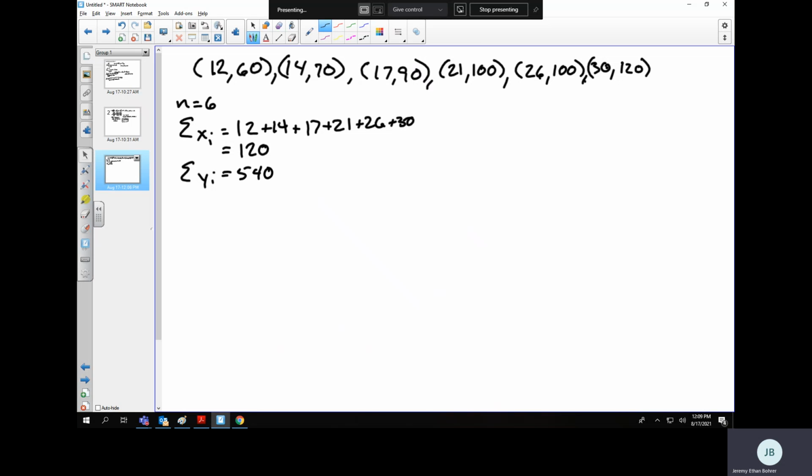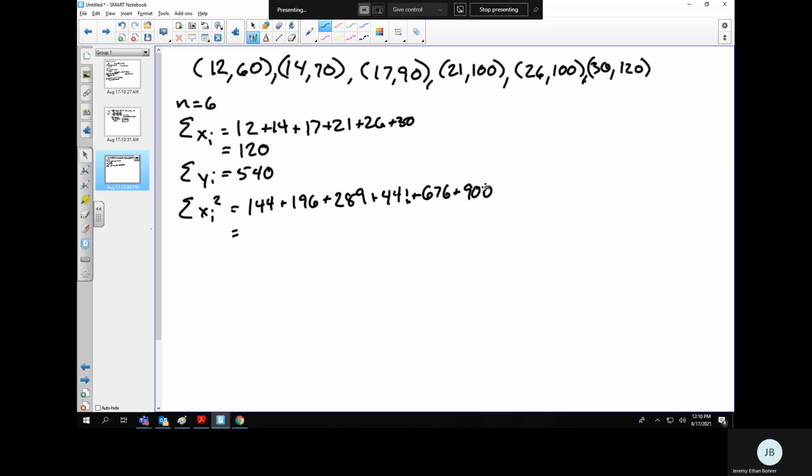Okay, next up, we need the sum of the xi's squared. All right, so 12 squared is 144 plus 14 squared is 196 plus 17 squared is 289 plus 21 squared is 441 plus 26 squared is 676 plus 30 squared is 900.